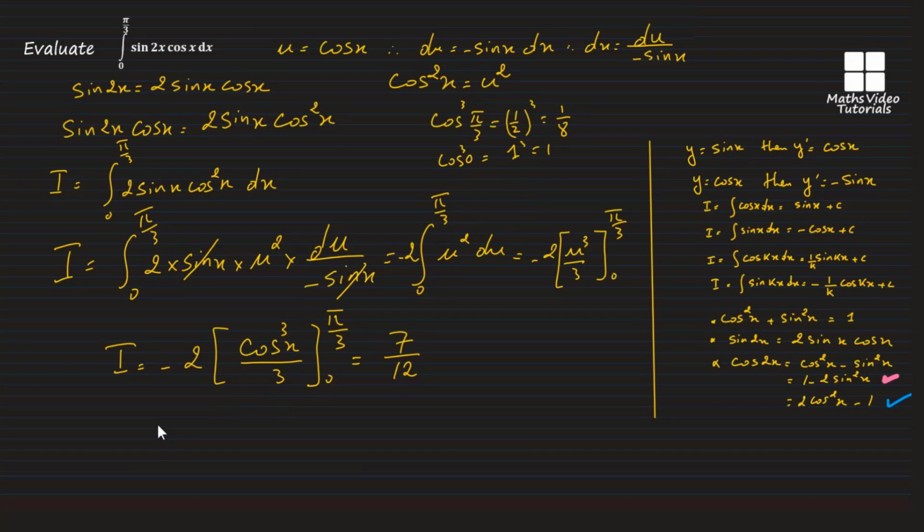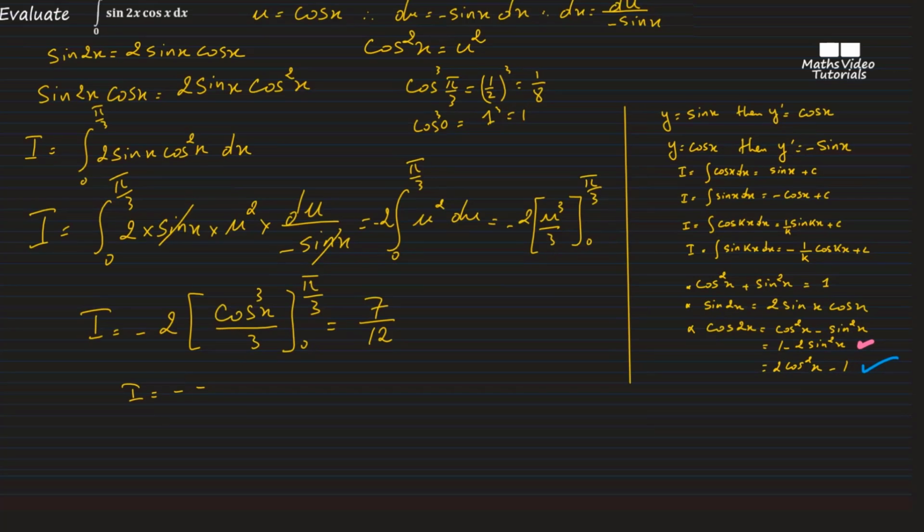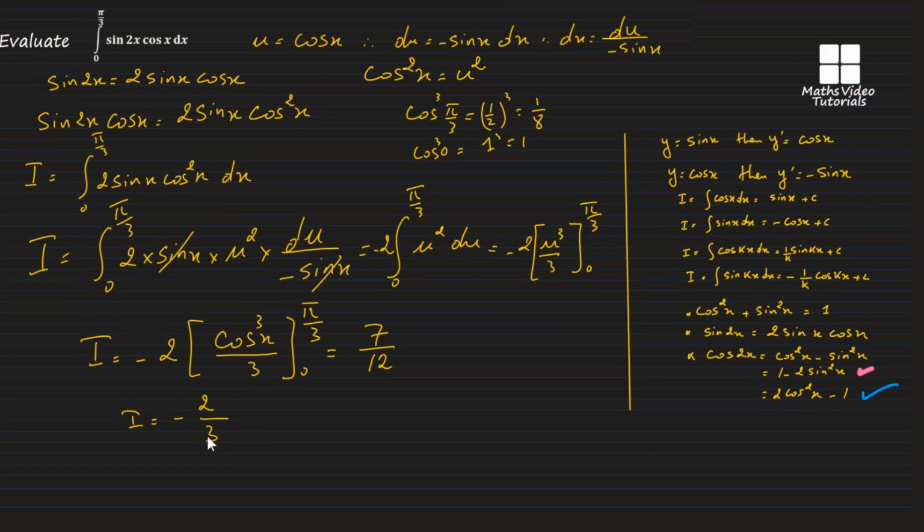So basically, just to show the working out without the calculator, minus 2, I can take that 3 outside the bracket, so it's minus 2 over 3 times 1 over 8 minus 1. That gives me minus 2 over 3 times negative 7 over 8.